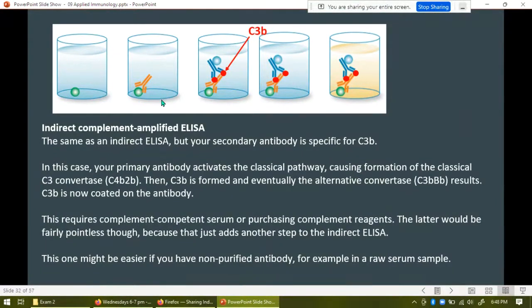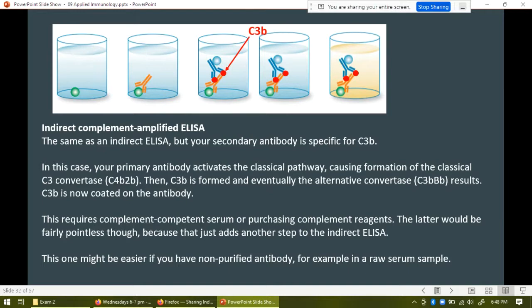Potentially, if you're working with IgA, you could also activate the alternative pathway, although IgA isn't as good at activating complement as IgG is. But what happens is the classical pathway gets turned on, and C3b molecules get deposited all over the antibody. Remember, C3b binds to anything that has a hydroxyl group.